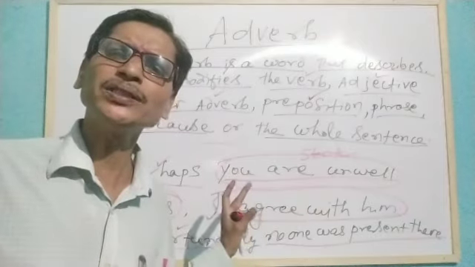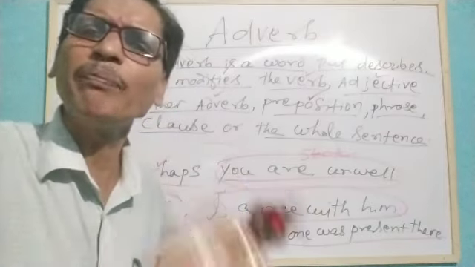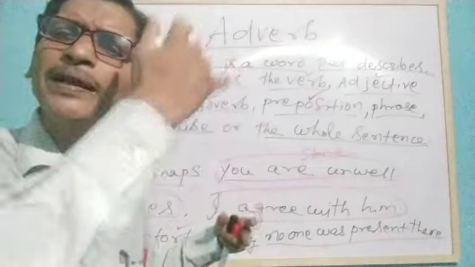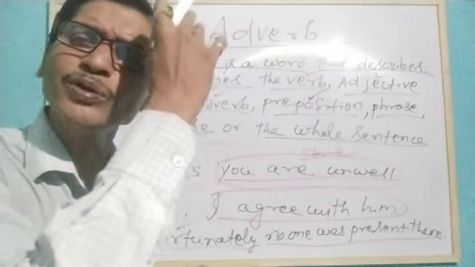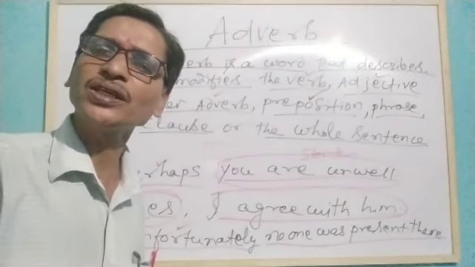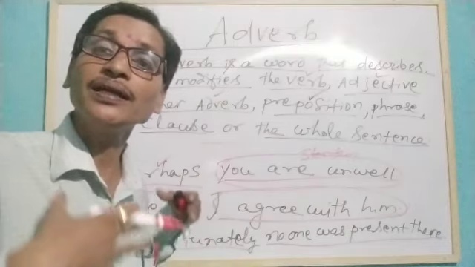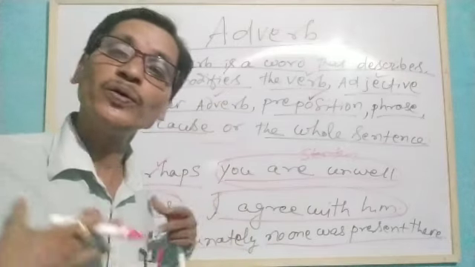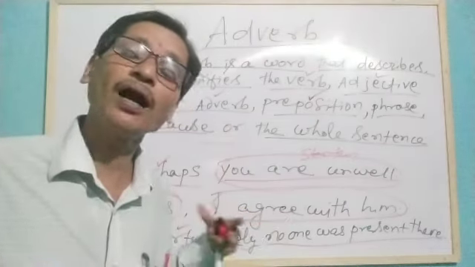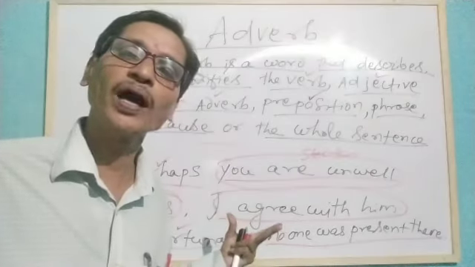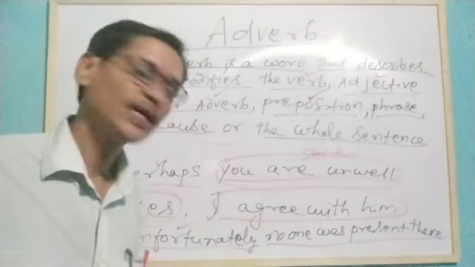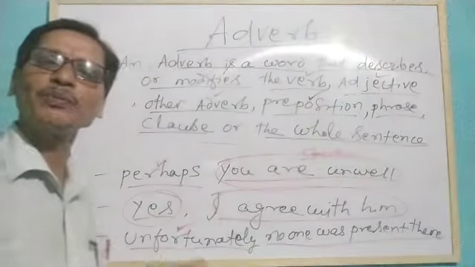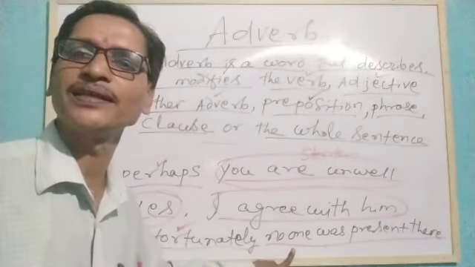Unfortunately means unexpectedly something happened which should not have happened. We never thought of such a thing, but after encountering this problem we express our sadness: unfortunately, no one was present there. So this word unfortunately is modifying the entire statement.